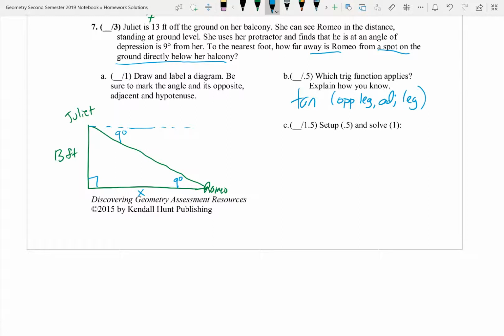The setup then would be tan of 9 degrees equals the opposite leg divided by the adjacent leg. And then to solve, we're going to multiply x on both sides, and then divide both sides by tan 9.